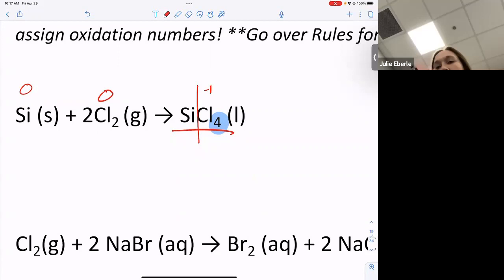So the total amount, when I add all those oxidation numbers for all 4 chlorines, comes out to be -4. Okay, so I'm going to write that underneath. The total is -4, which means the total amount of positive from the positive oxidation numbers has to add up to +4. Now I only have one silicon, right? I don't have a subscript on Si there. So that means the oxidation number for Si is +4.